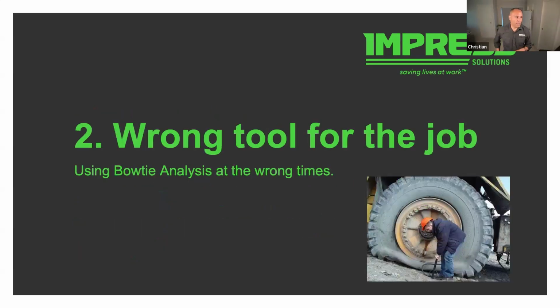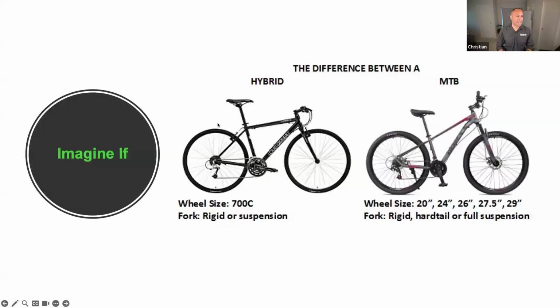So a second idea here is about using the bow tie at the wrong times. I had to find a good picture, and that one's not too bad, in terms of using the wrong tool at the right time. So imagine, and Matt G, you might be close to this actually, mate, you're a professional road cyclist and also a professional mountain bike cyclist. So you operate in both worlds.